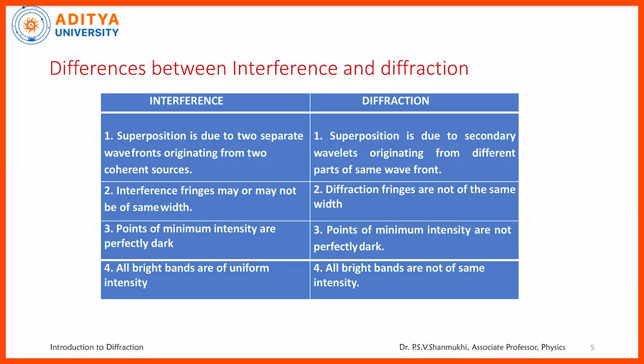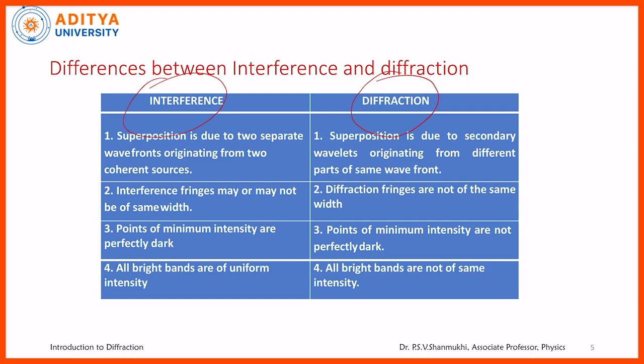Coming to the differences between interference and diffraction, to produce interference, two coherent waves are required. This is due to the superposition of two separate wave fronts or two coherent waves, whereas in diffraction only one wave is enough. Then we can observe the alternate maxima and minima on the screen.